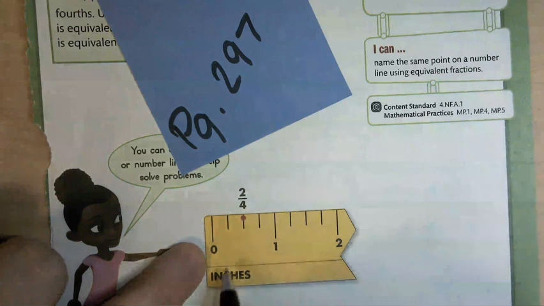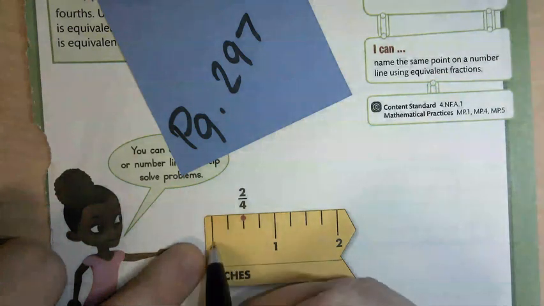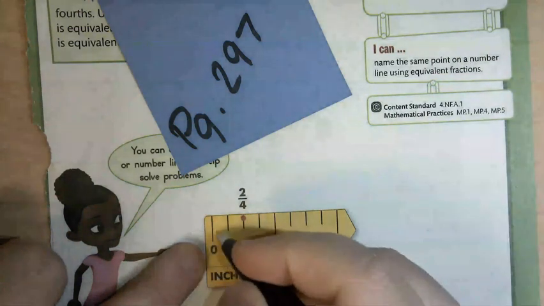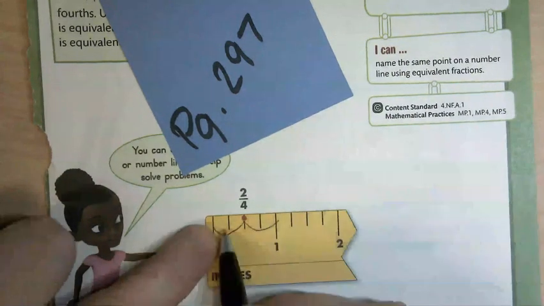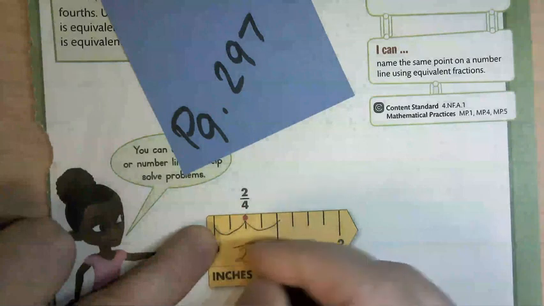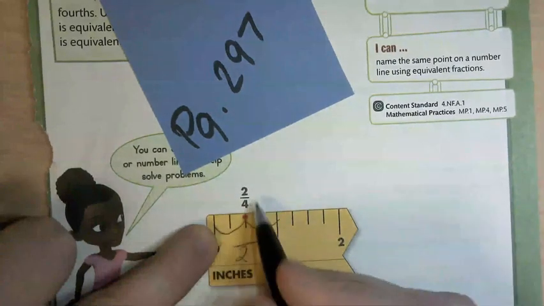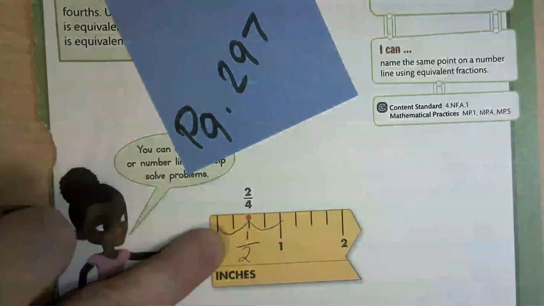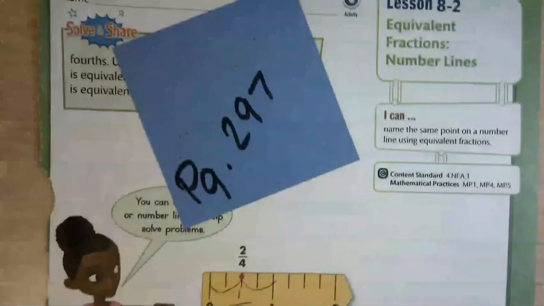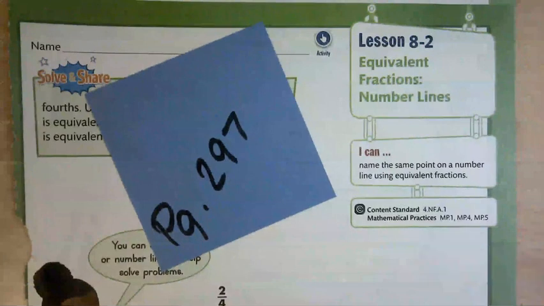Just like I can see that if I skipped this one, I went just to here. If I did that, I see it would take me 2 jumps to get to number 1, and I already did 1. So 2/4 and 1/2 are going to be equivalent fractions, and that is what we're going to be taking a look at today as we work on number lines with our equivalent fractions.